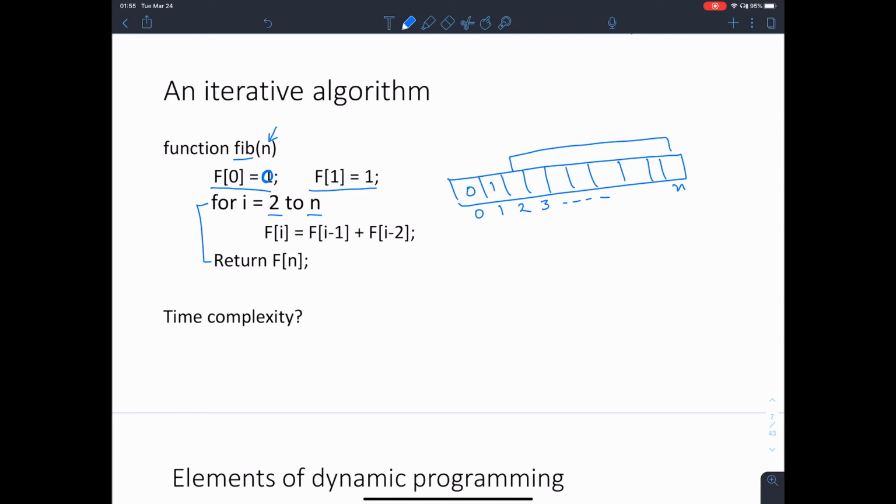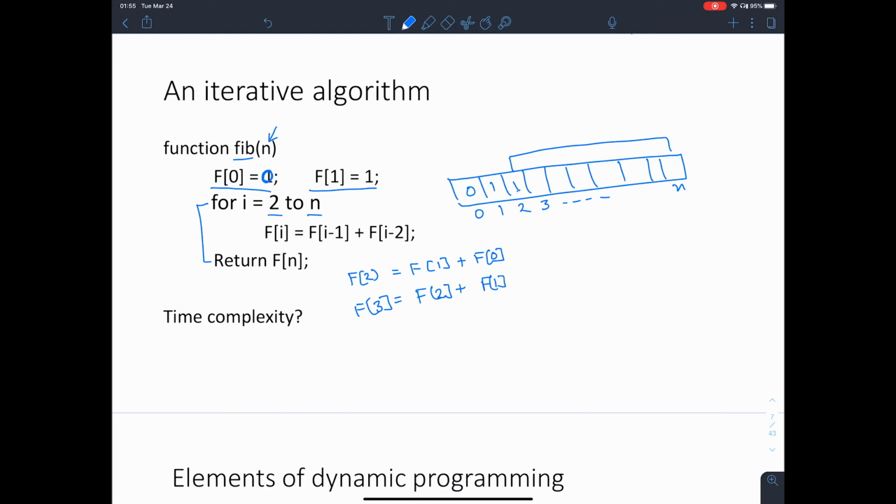So first it calculates F2 using F1 plus F0. F1 is 1, F0 is 0, so F2 is 1. Next, it calculates F3 using F2 and F1.